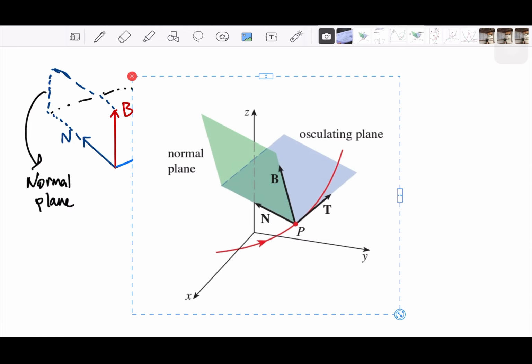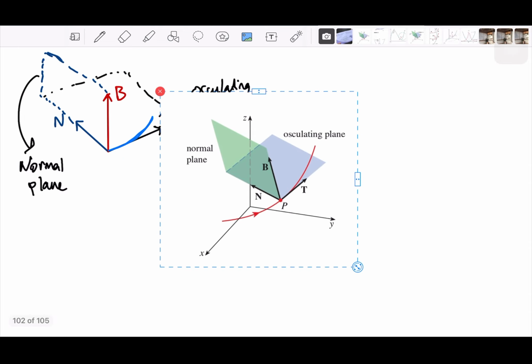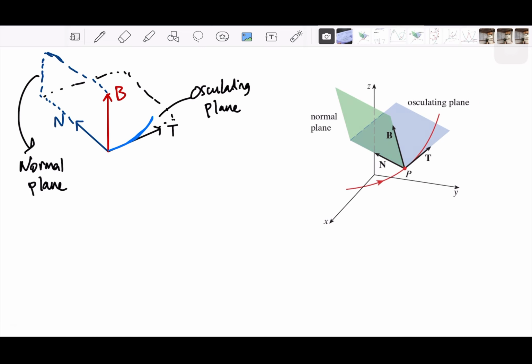Imagine if we change the point, the plane also changes. But we have a definition that at a point we will have two planes that are created from the three vectors that we defined before.